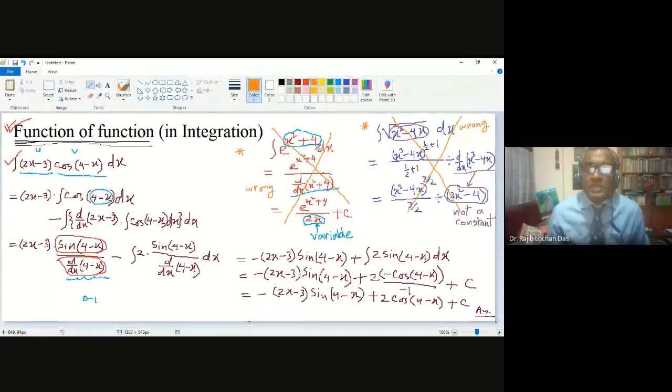If there is a variable or there is x in the differentiation part, in that case, this problem will be something different, and maybe you will learn some more integration techniques in other calculus courses.